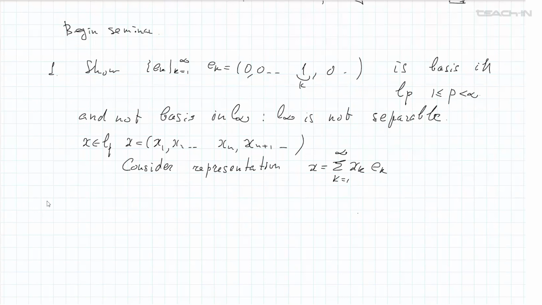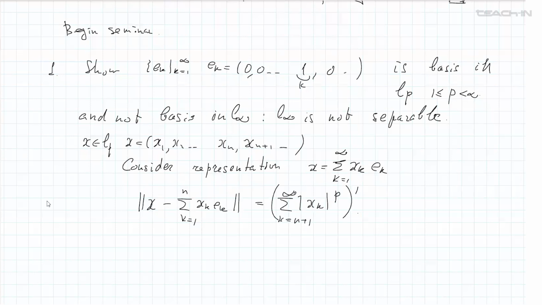Of course, this representation is unique because we have the fixed coordinates, and let's try to find this difference. Of course, it is equal by our representation to the sum from the index n plus 1 to infinity, powered p, and then again powered 1 over p.